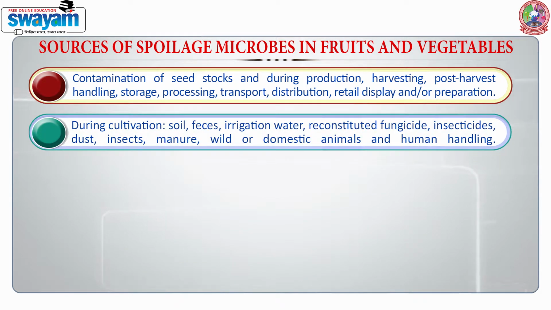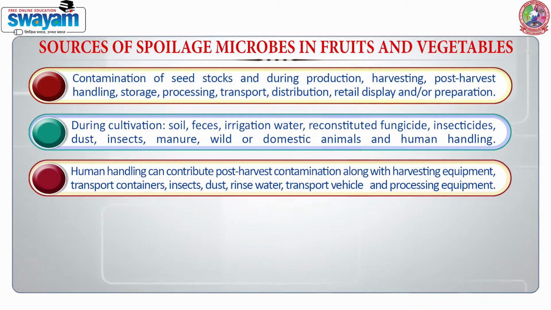During the cultivation, soils which are contaminated with feces, irrigation water which is not clean, reconstituted fungicides, insecticides, dust, insects, manures, wild or domestic animals and human handling. These all contribute to the contamination.